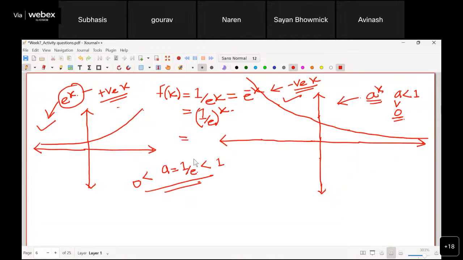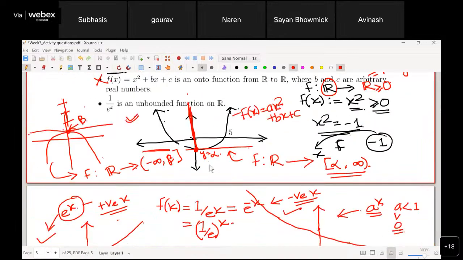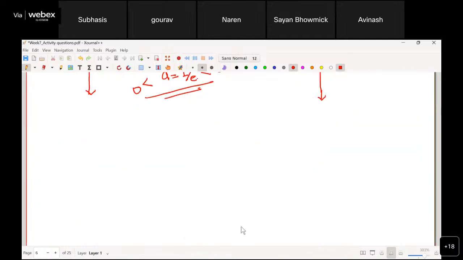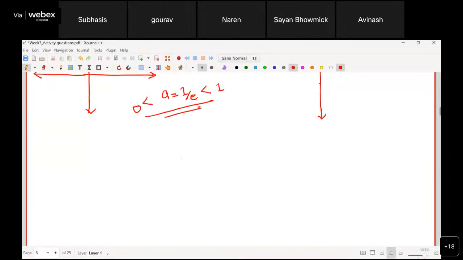So I guess the main question was something else, the one you asked earlier. The fourth option, sir. Yeah, let me check what that option is. That option is: g of x equals 1 by 1 plus e to the power x gives a bijection from R to (0, 1).